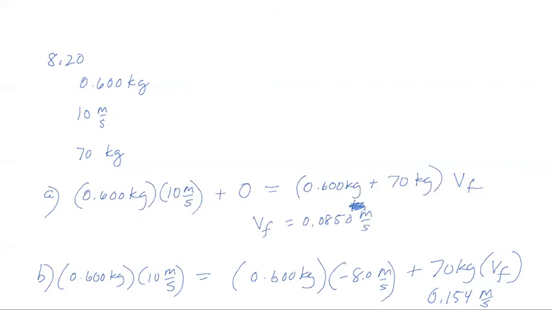All right, so we use conservation of momentum to solve 8.20, I'm sorry, 8.35. It says, in July 2005, NASA's Deep Impact mission crashed a 372 kilogram probe directly onto the surface of the comet Tempel 1, hitting the surface at 37,000 kilometers per hour.